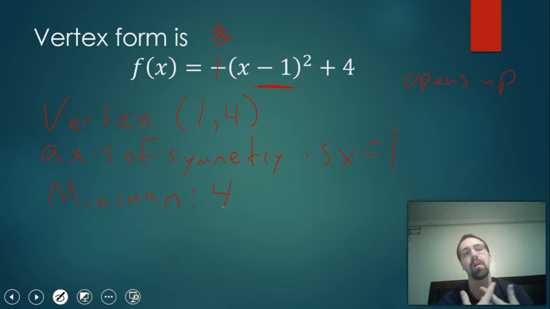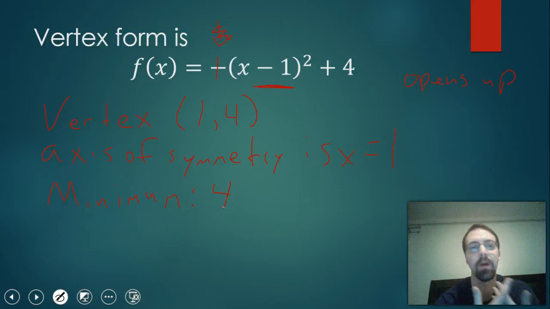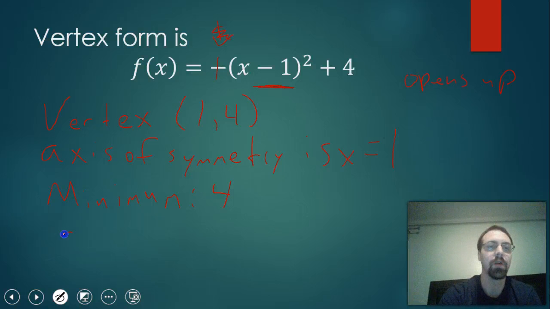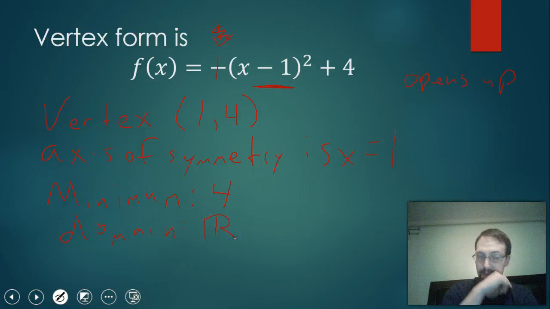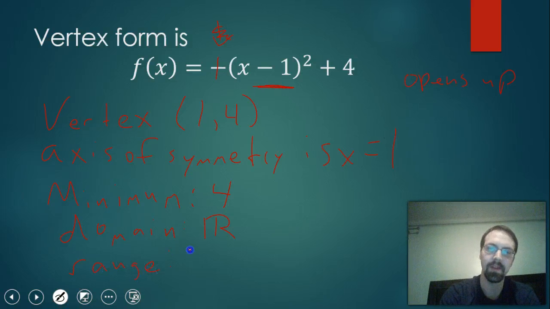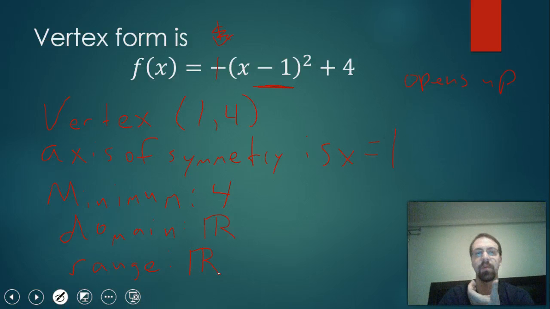Later on we'll start talking about maximum and minimum as points, however for the time being, go ahead and just write it as that. Then my domain: all possible x values are going to be all real numbers. And then my range: because it's a minimum, it's going to be all real numbers greater than or equal to 4.